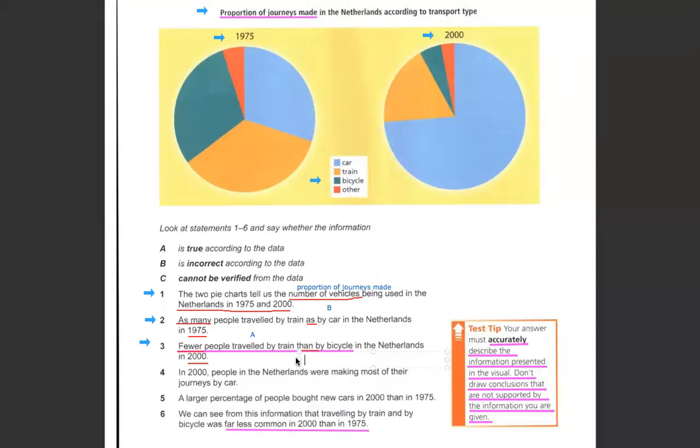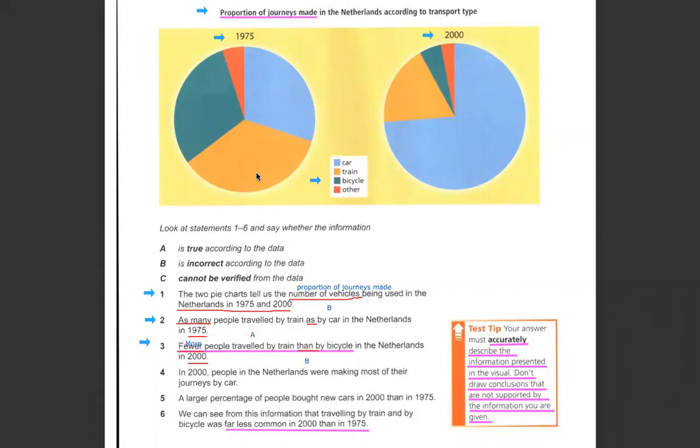Can you correct it for me, please? How could we correct number 3? There's just one word that we can change. Yeah, great. So we can change the word fewer to the word more.